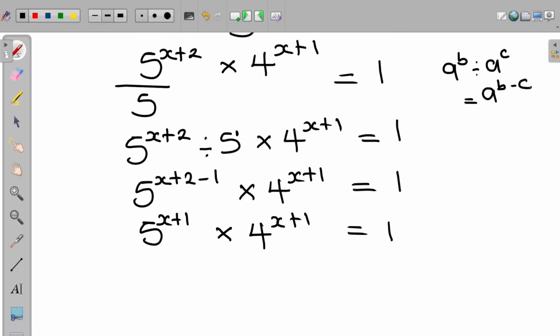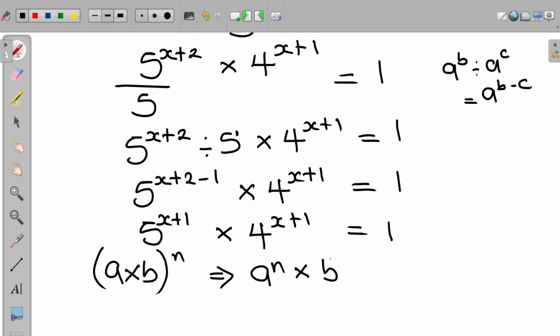Now, at the left-hand side, we have different base but the same power. Now, recall that in indices, if I have a multiplied by b all raised to the power of n, this can also be expressed as a raised to the power of n multiplied by b raised to the power of n. This is known as the product power law.